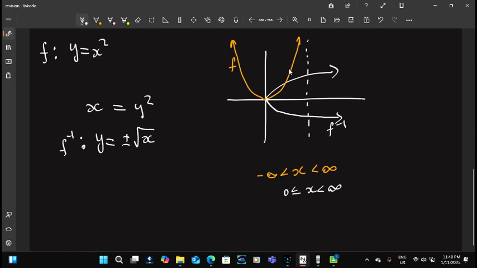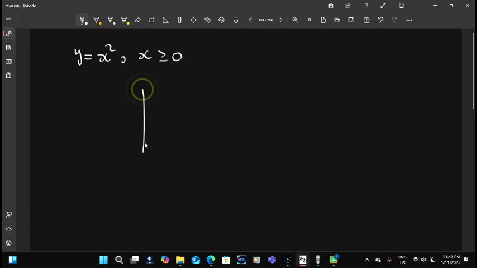so that it yields a function as an inverse. Now if I draw the graph of y equals x squared, where x is greater than or equal to 0, the graph would be like this, because remember, a parabola goes like that.